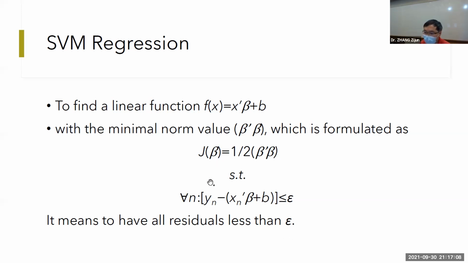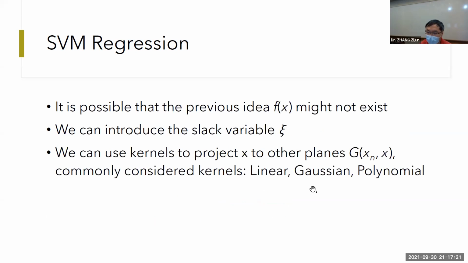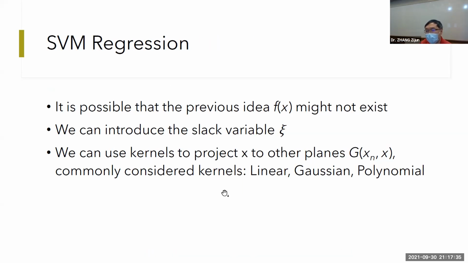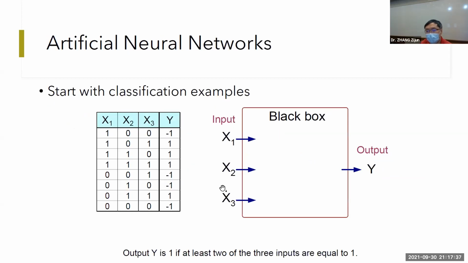It means we use some support vectors to find such a regression curve so that we can guarantee that the errors are less than or equal to this threshold. Okay. So all the other things are similar to the classification version of the SVM, just that the concept changes. Okay, this is the SVM regression.